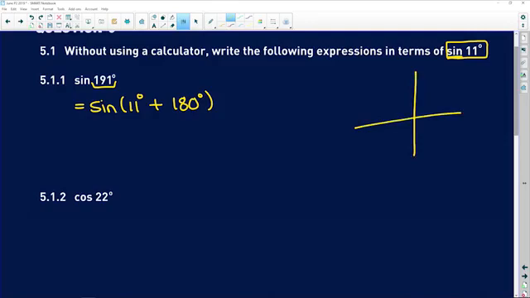So remember, in your CAST diagram, 180 degrees plus theta will give us something like that, because remember, this is 180 degrees plus another theta, okay? And remember, sine is negative in that quadrant, so we get negative sine of 11 degrees.